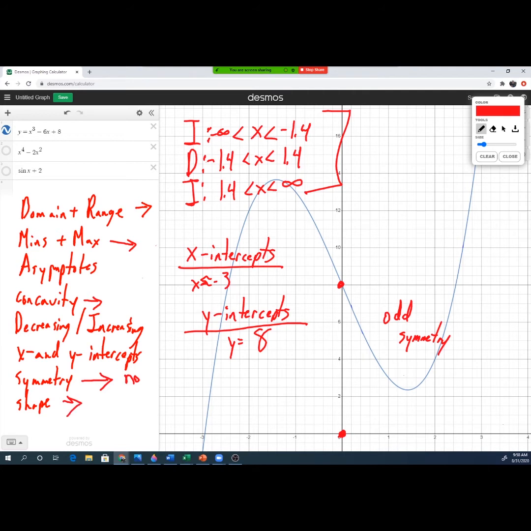All right, and shape, how did you describe the shape? I'm hoping to get at least 3 or 4 different answers. An S, like a roller coaster. I heard an S. I heard a roller coaster.